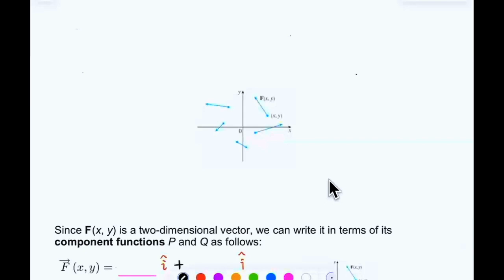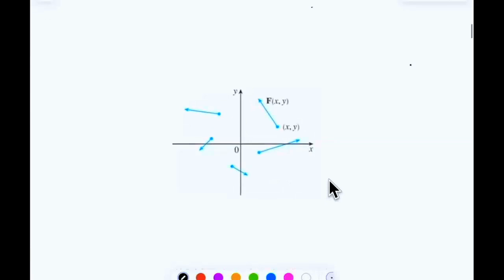The best way to picture a vector field is to draw an arrow representing the vector starting at the point x comma y. So you have this point x comma y, and then to picture the vector field, you pick a point over here in the domain, and then you start drawing arrows. So you draw an arrow right there. Of course, it's impossible to do this for all points, right?